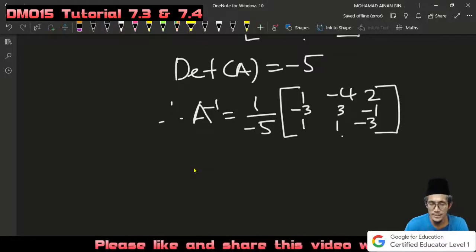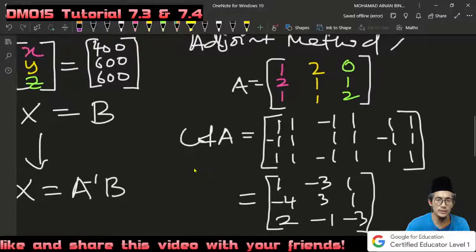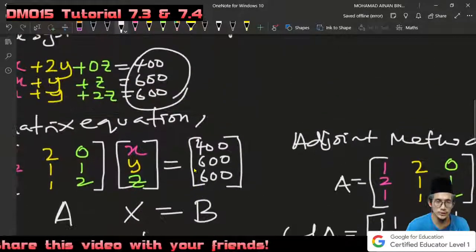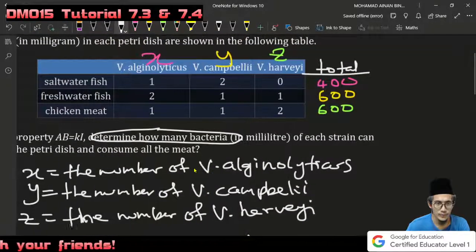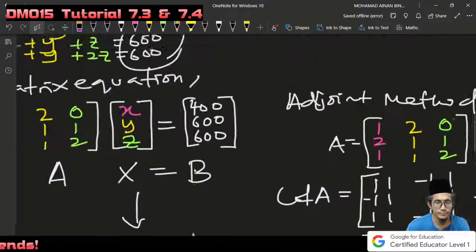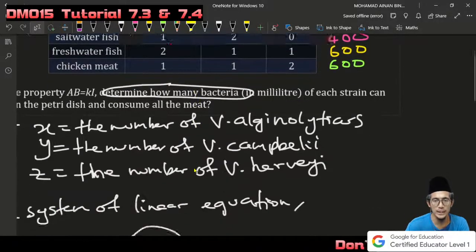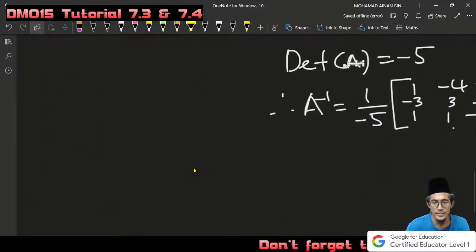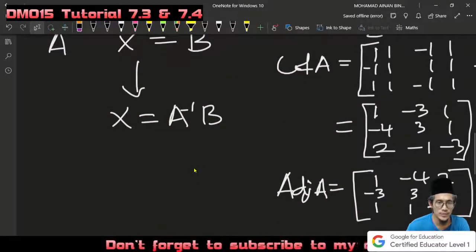Tapi dalam case ni, this A inverse is not the final answer, sebab soalan ni dia suruh solve saja. Dia tak ada cakap A inverse tu apa specifically. So you can use this dengan ada pecahan kat luar tu. Kamu boleh masukkan dalam ini sahaja.